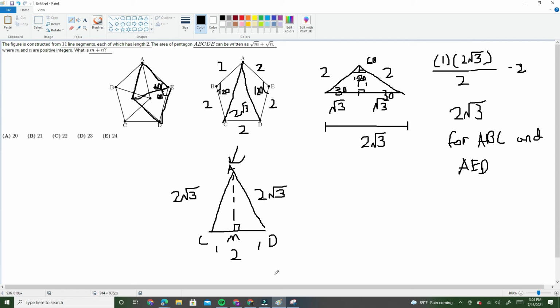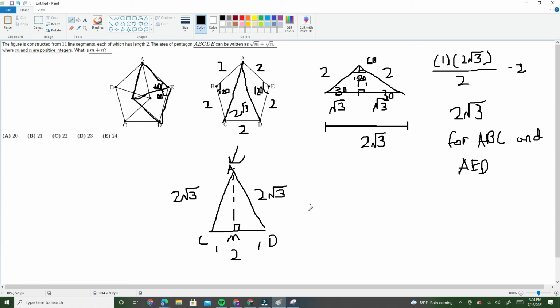So we have this triangle ACD, we dropped the perpendicular to M, and now we have two smaller right triangles, AMC and AMD. Since it's a right triangle, and we know the hypotenuse, and we know the base of each of these right triangles, we can easily figure out the height.